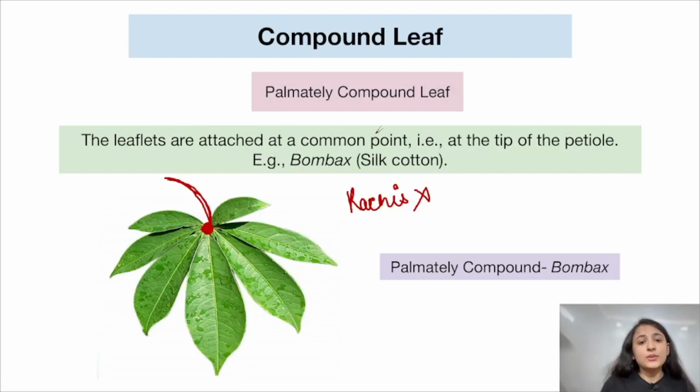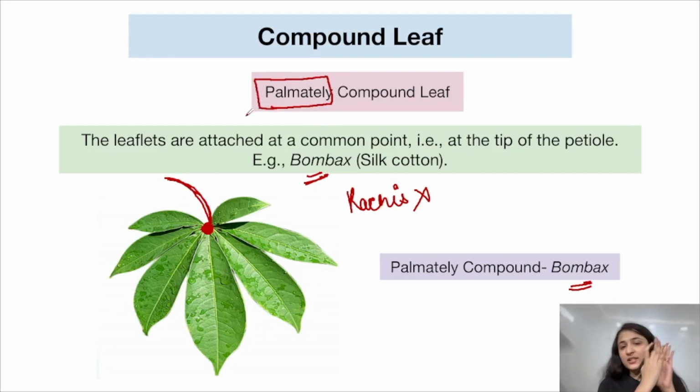An example of these kinds of leaves is bombax, which is also known as silk cotton. So this leaf is from the bombax plant. It is called a palmately compound leaf. From the word also you can understand that palm means this part of our hand, right?